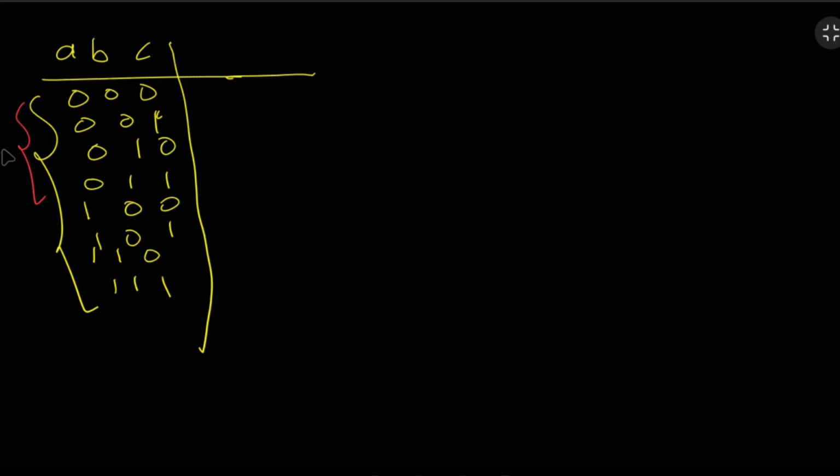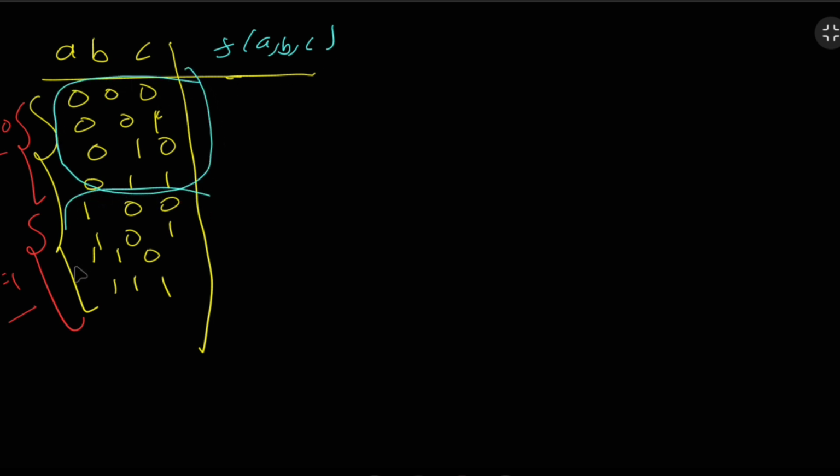These are basically A equals to 0, and this is your cases of A equals to 1, the first four and the last four. Is this clear? So if you have a truth table, any function A, B, C, so these first four cases are A equals to 0 and here A equals to 1. So only two cases are possible.